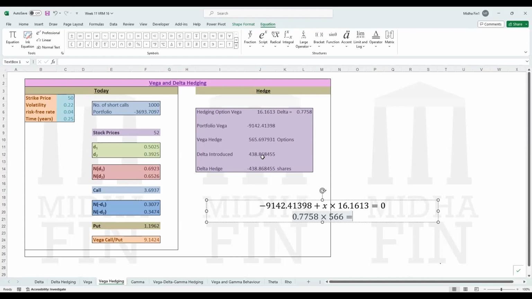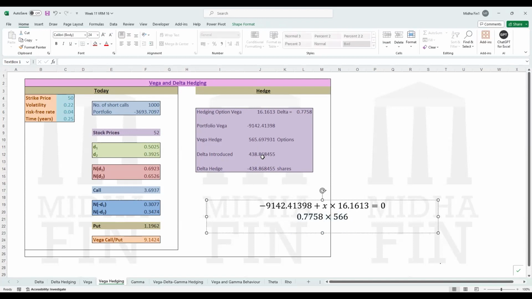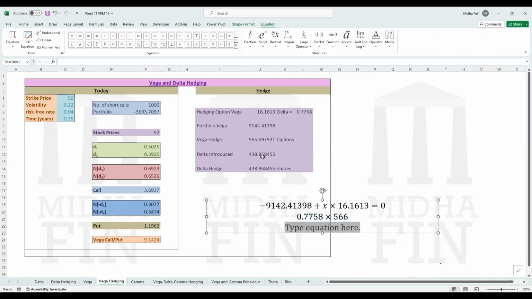Now it is quite easy to manage the delta. How? We can use the underlying asset. My delta introduced is 438.86, let's say, or 87 for the sake of simplicity. I want to add some stocks in my portfolio so that my delta exposure becomes 0. Now just solve it.